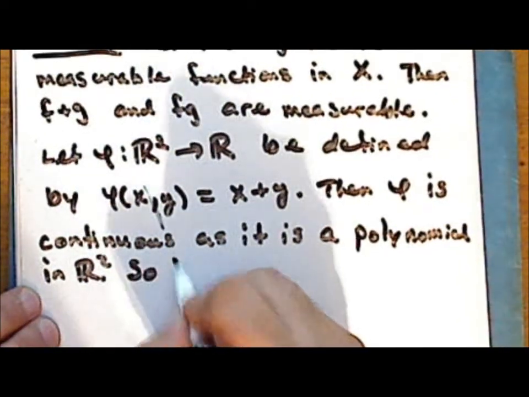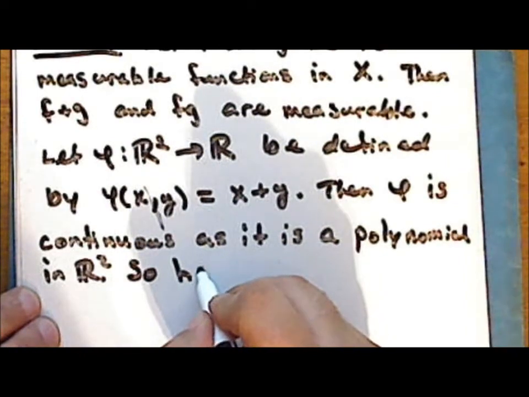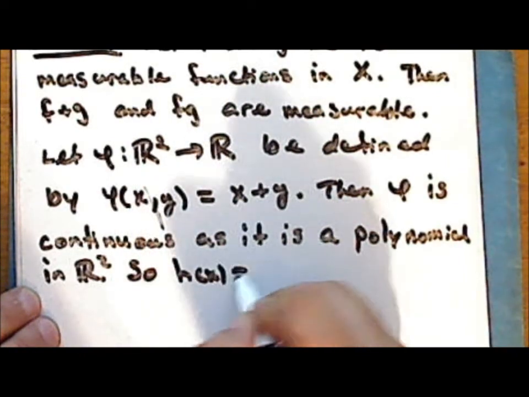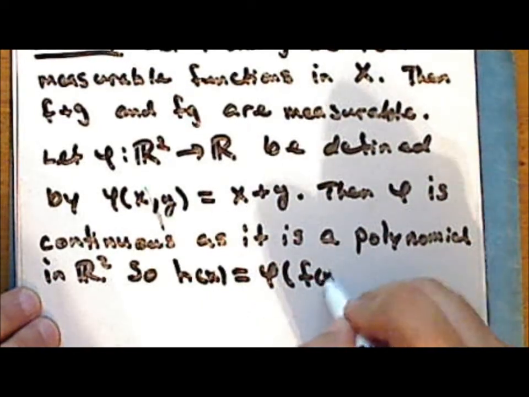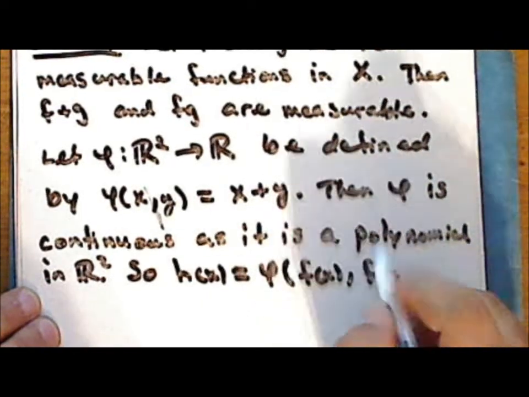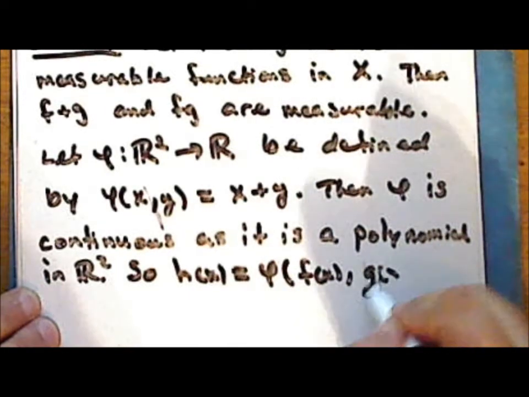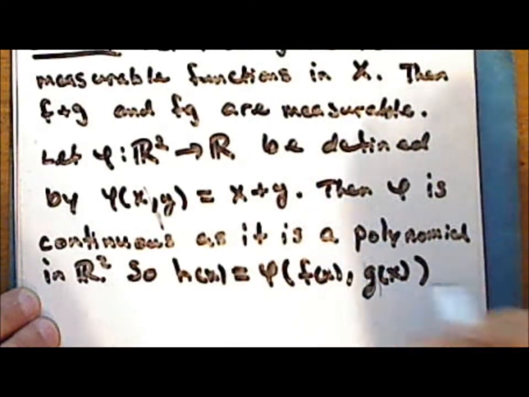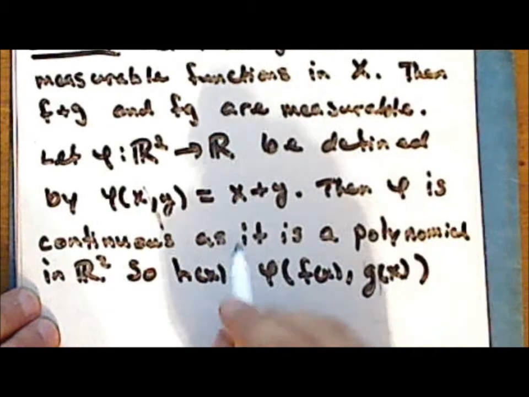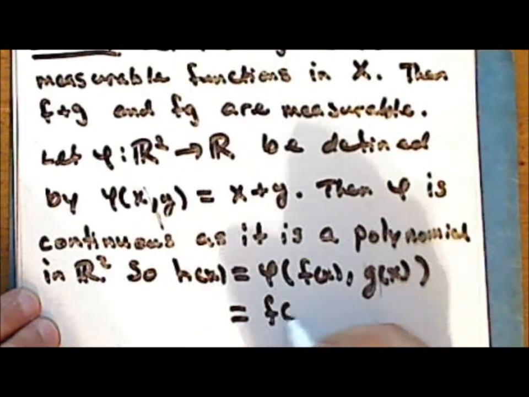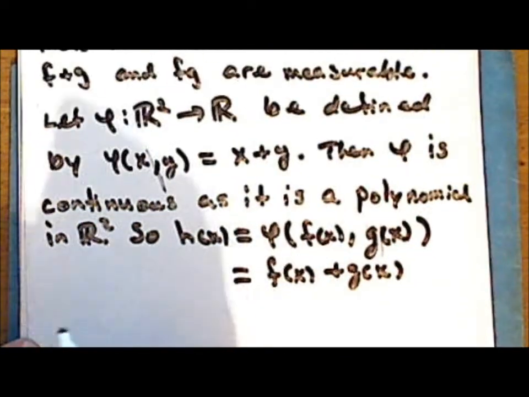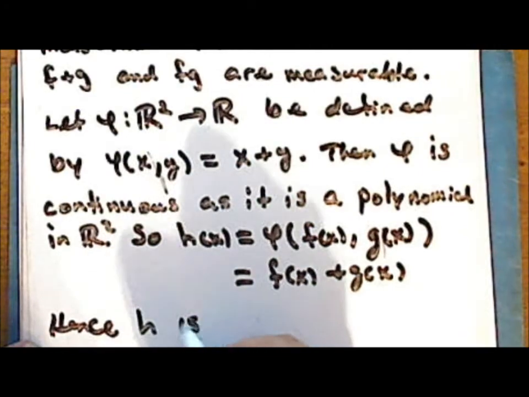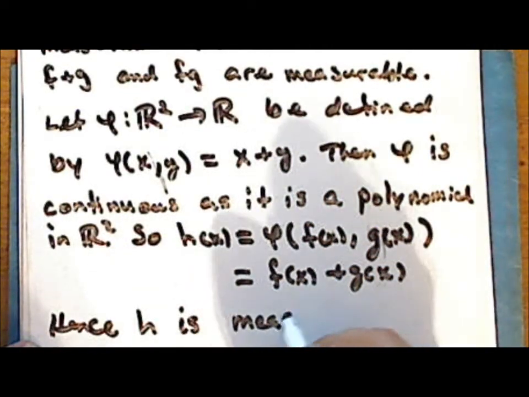And so the function h, which again is defined as phi of (f of x, g of x), which is, by the definition of phi, f of x plus g of x, by the previous theorem, h is measurable.